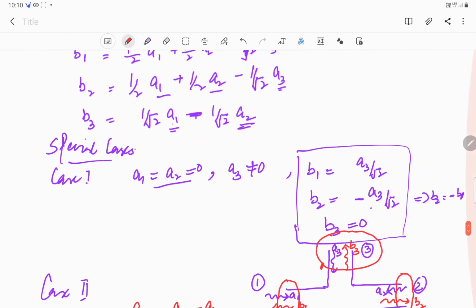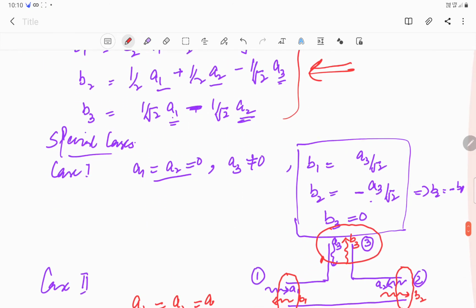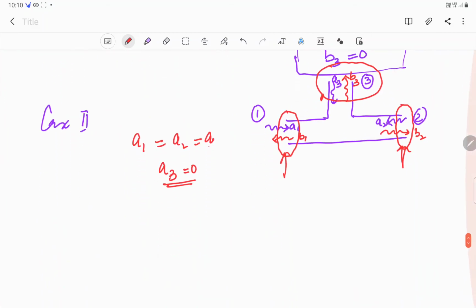Now let us see what happens to our equations. We'll substitute these values in this set of equations. Let me write the equations first. We know B1 is 1 over 2 A1, 1 over 2 A2, 1 over root 2 A3.